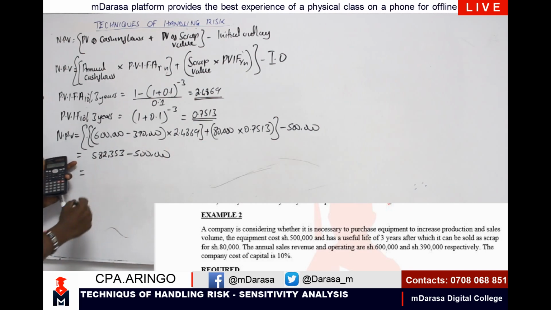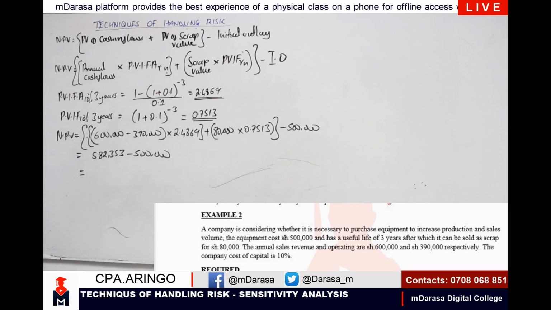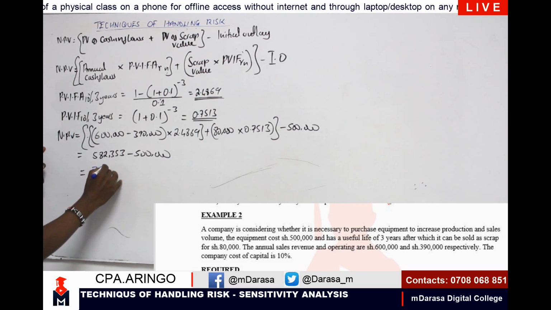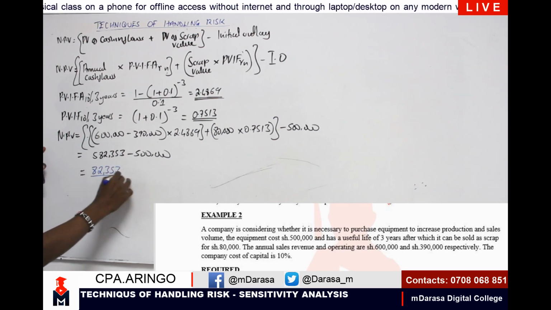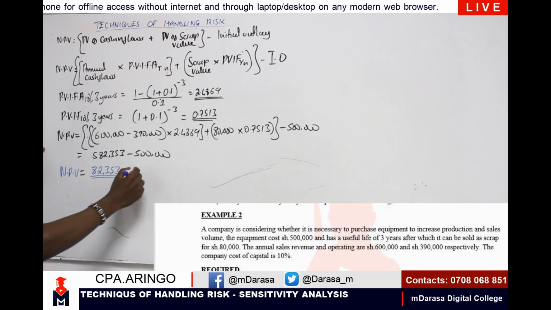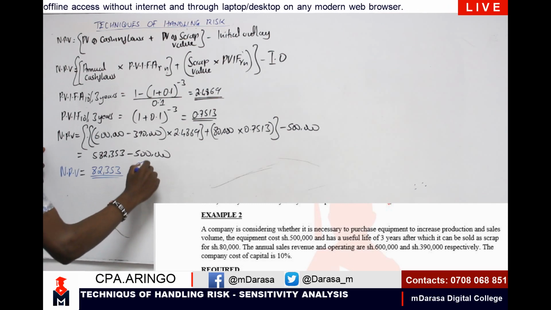So at the end of the day, my good students, what will be our NPV? We can agree and say that our NPV in this case will be a figure of how much? 82,353. This will be our NPV, clearly showing that this project is viable.